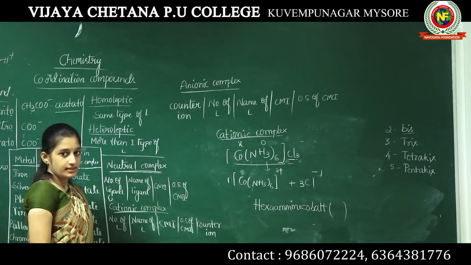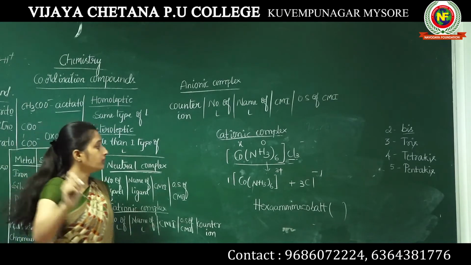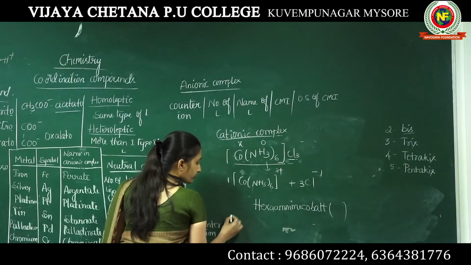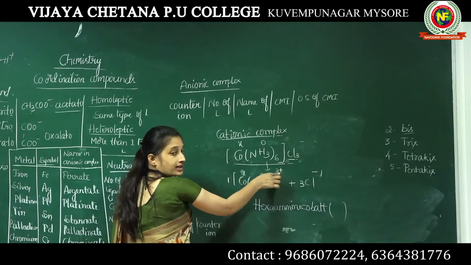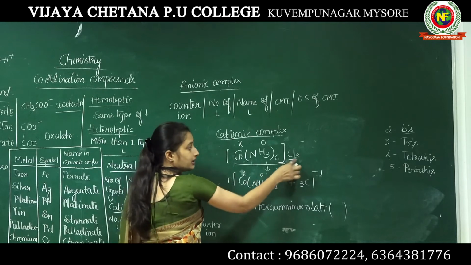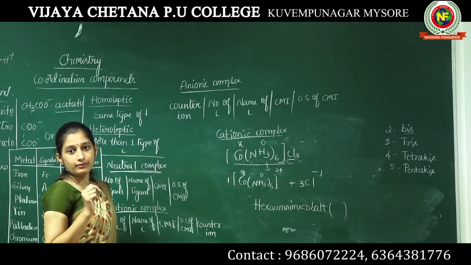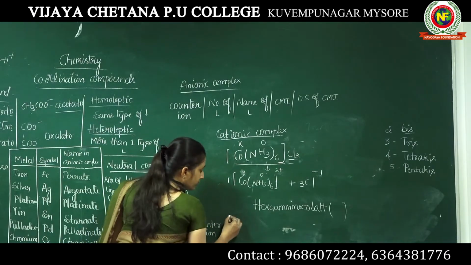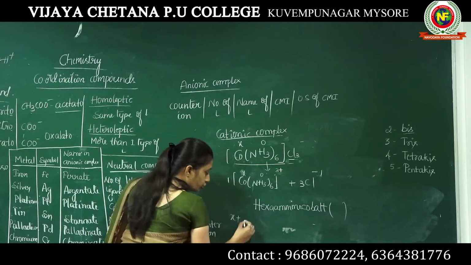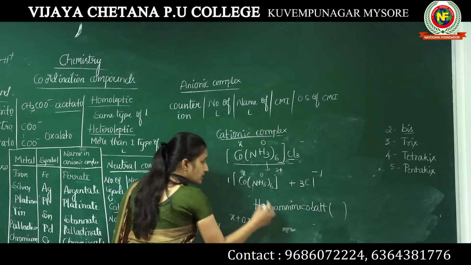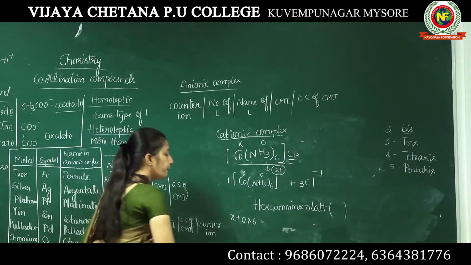NH3 is a neutral ligand, so 0. The overall charge is plus 3. We don't count the counter ion along with this; we take the split complex when calculating the oxidation state. Then x plus 0 into 6 equals the overall charge, plus 3.